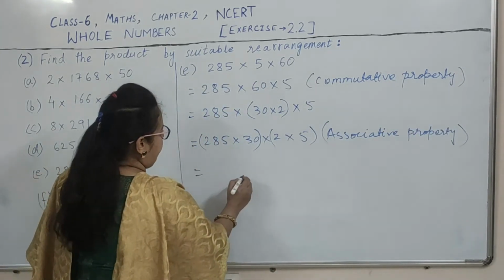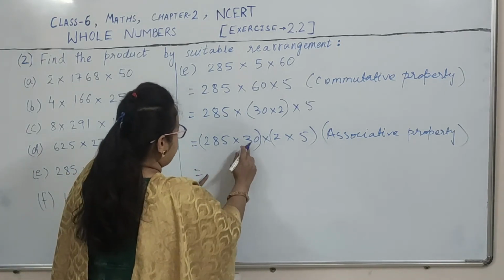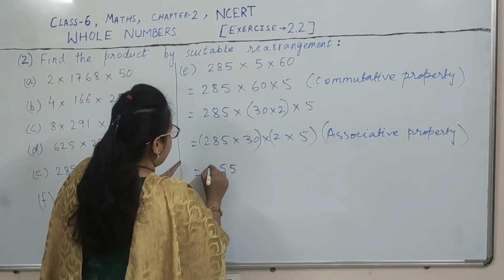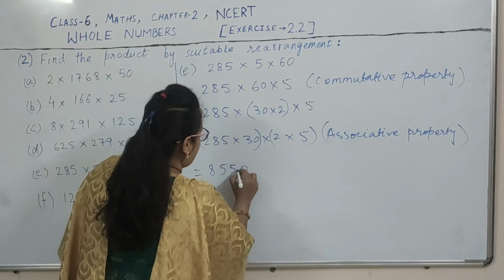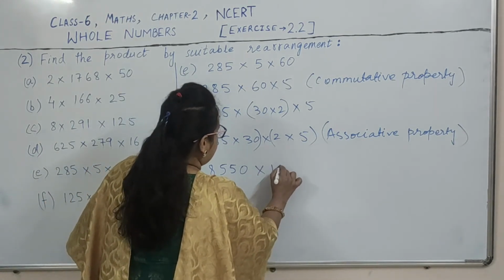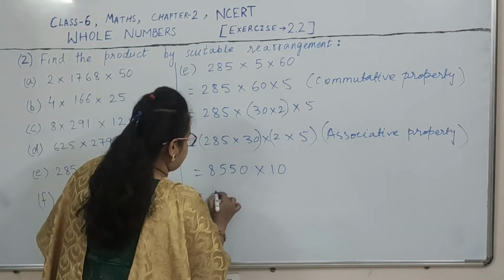Now we can multiply this number. See, 285 into 3, 5 3s are 15, 1 carry, 8 3s are 24, 25, 2 carry, 3 2s are 6, 7 and 8. And this 1 zero will be here. Okay, and this 2 into 5 is 10. So now this multiplied with 10 will be what?